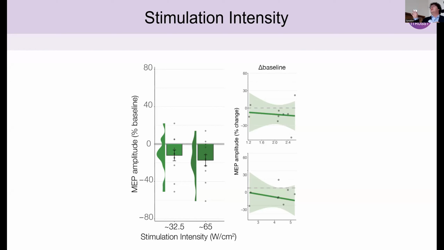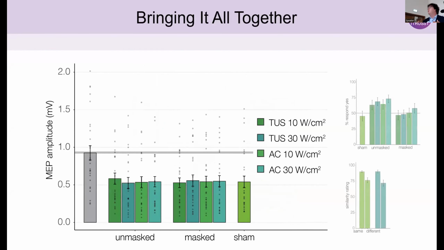And here you can see, this is not enough for an actual regression, but we don't see any kind of strong relationship between the simulated intracranial actualized intensities and MEP reduction from baseline. Simulations for the second experiment, we're still working on them, so I can't show them here, but I can show the rest of what we have for the second experiment.